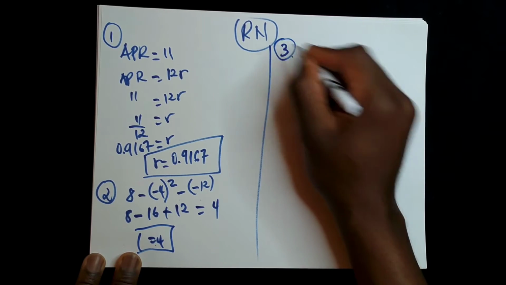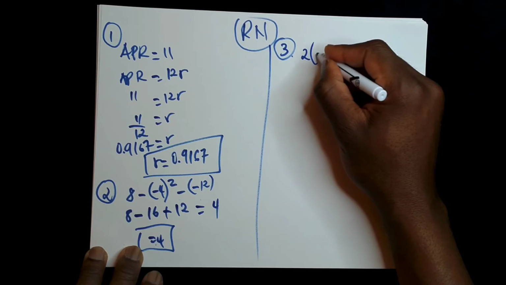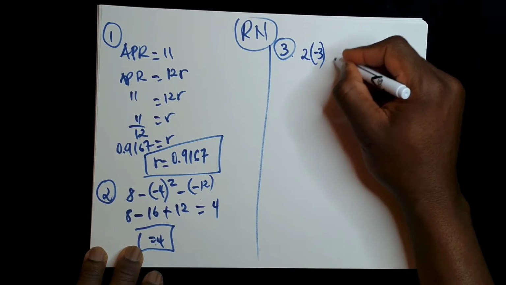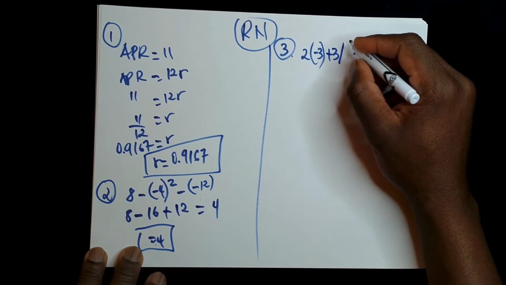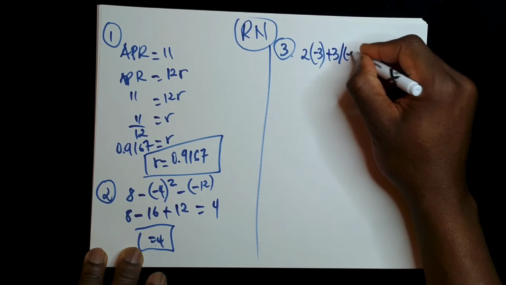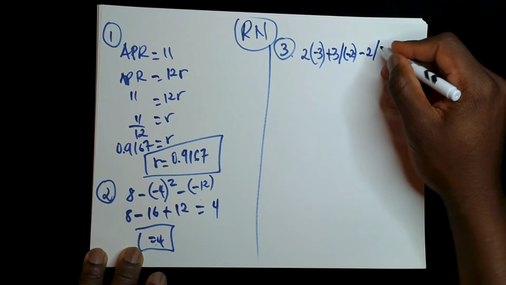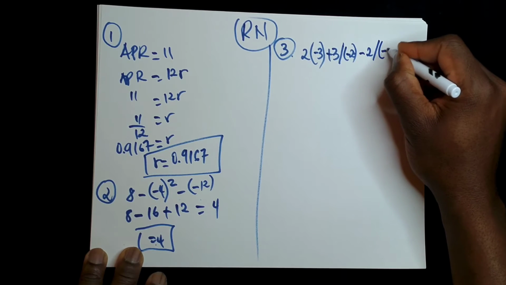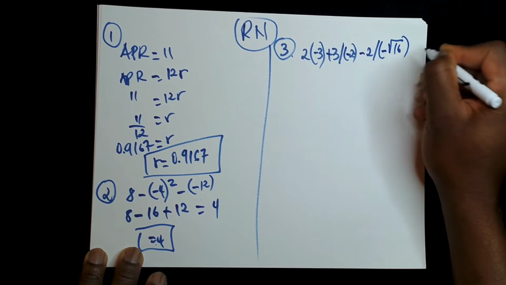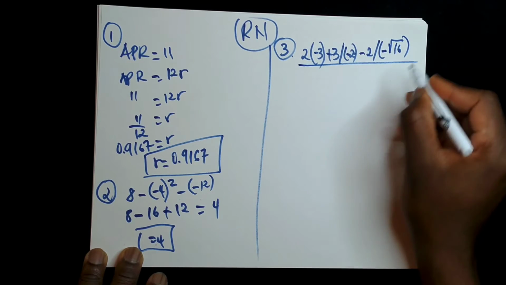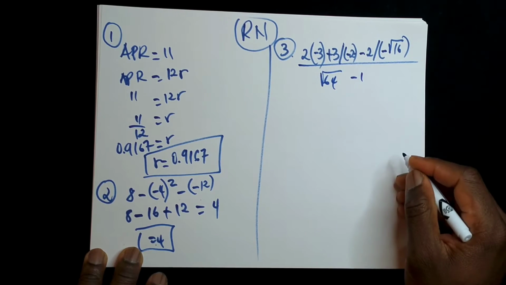Our third example is 2 times negative 3 plus 3 divided by negative 2, minus 2 divided by negative square root of 16, and everything over square root of 64 minus 1.